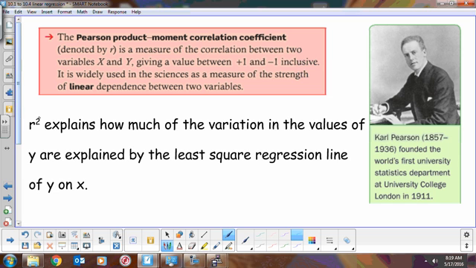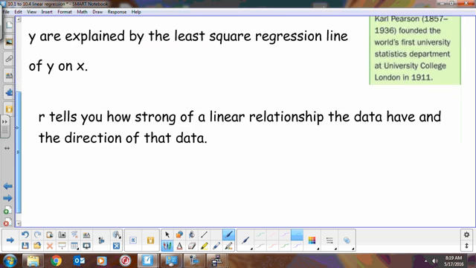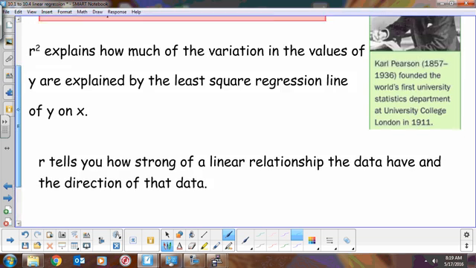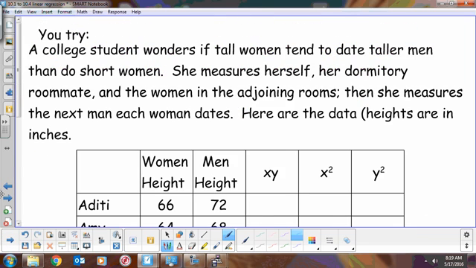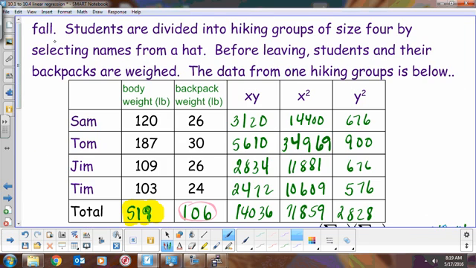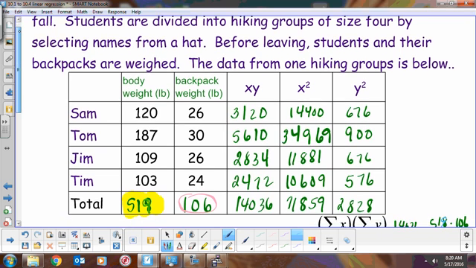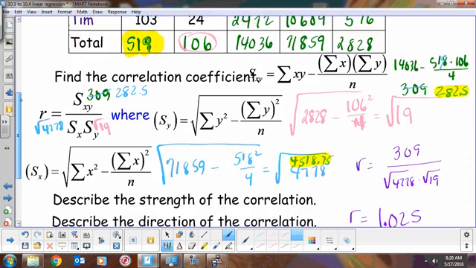So R squared explains how much the variation in the values of Y. So 96% of the variation in the Y is explained. All right. So what do we have? 96% of the variation in the weight of the backpack to the body weight is explained.